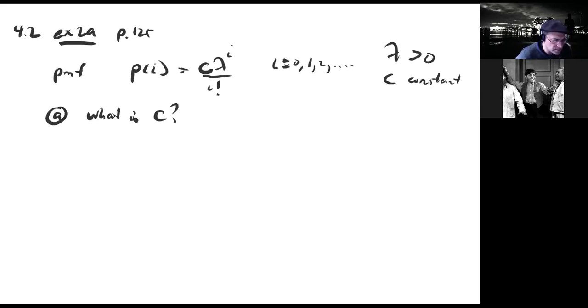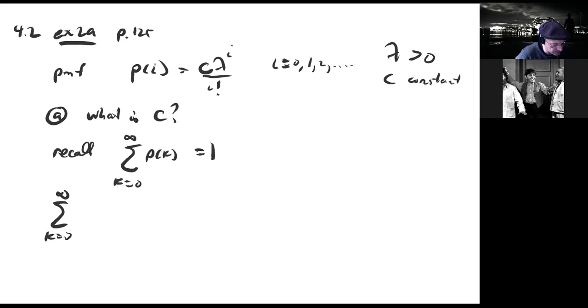So to compute what C is, recall that the summation K goes from 0 to infinity of P of K has to add up to 1. That's telling me that the sum K goes from 0 to infinity, we stick in the value of P of K, C lambda to the K over K factorial, must be equal to 1.